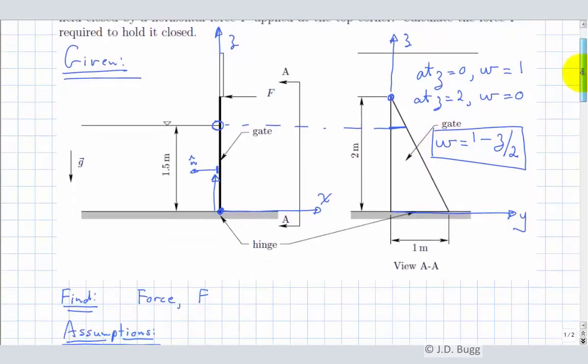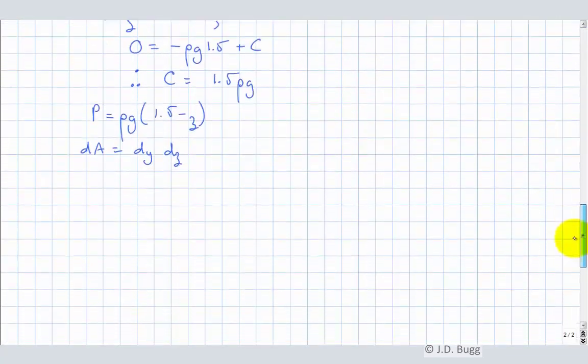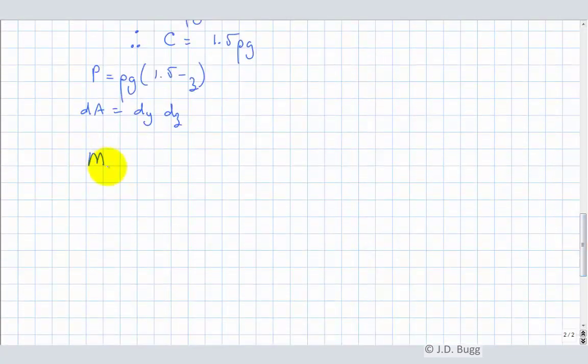So now we're ready to assemble our whole integral down here at the bottom. The moment that the fluid exerts on this surface is equal to negative integral, and in the z direction we'll be integrating from 0 to 1.5. In the y direction, 0 to 1 minus z over 2. So this is a critical part, and this is what gives this gate its triangular shape. The limit of integration on y is a function of z.